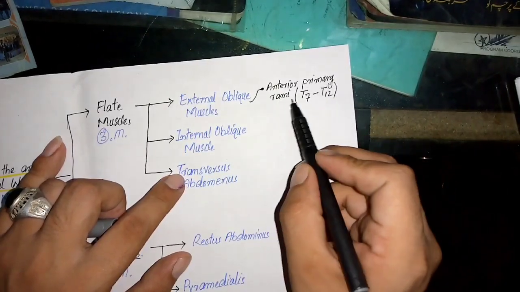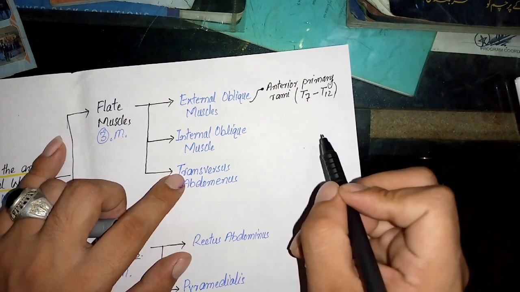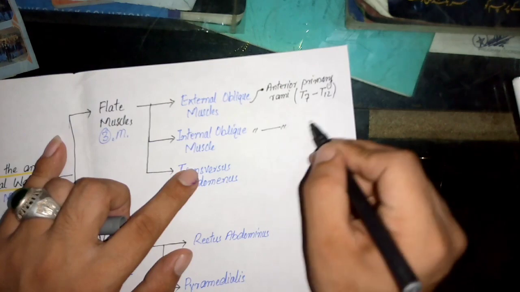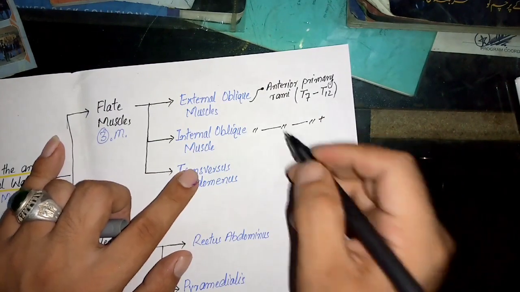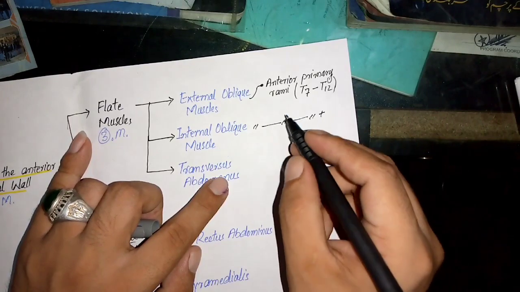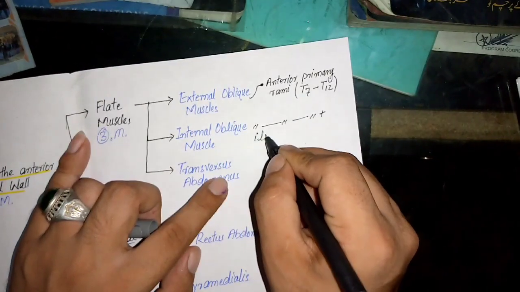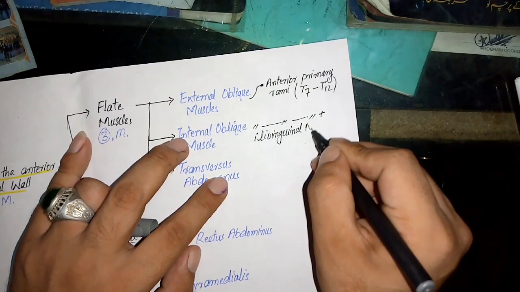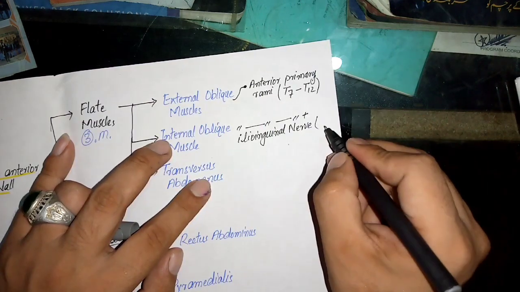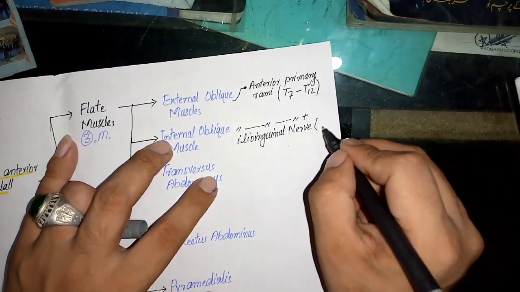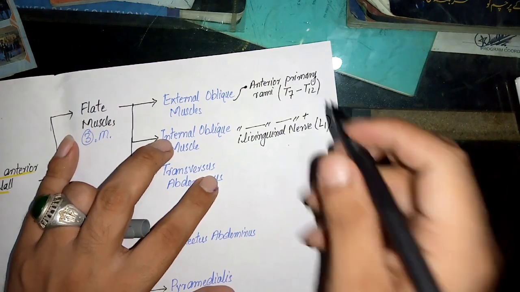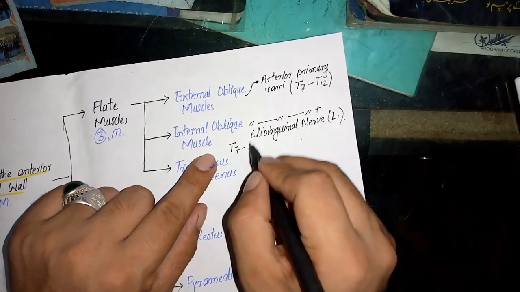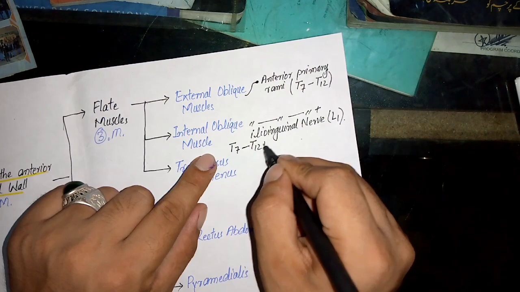The second muscle is the internal oblique muscle. This is also supplied by the anterior primary rami, but here is one other nerve as well, the ilioinguinal nerve, whose nerve root is just L1. So in the internal oblique muscle the nerve roots are T7 to T12 plus L1.